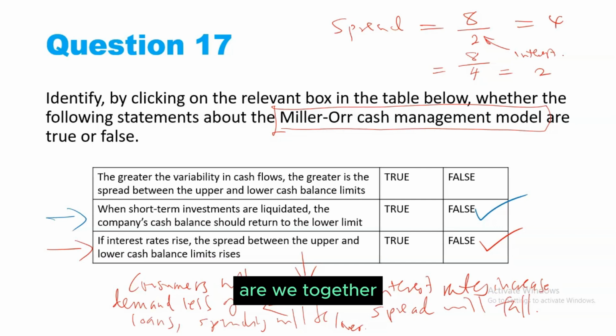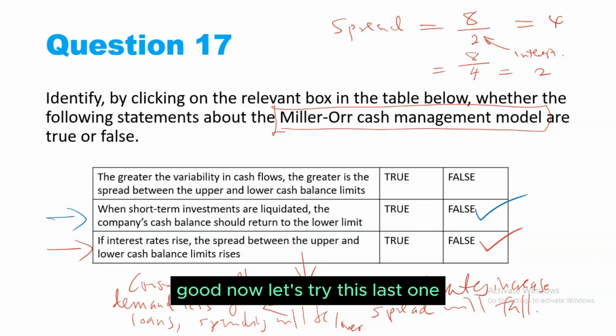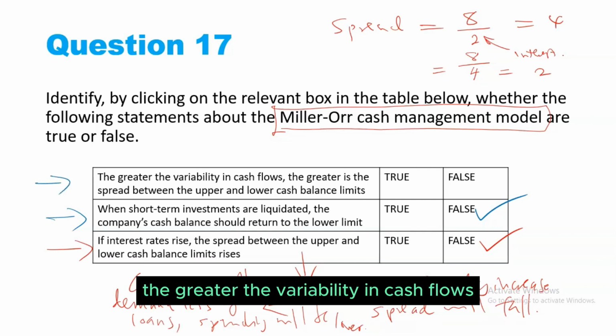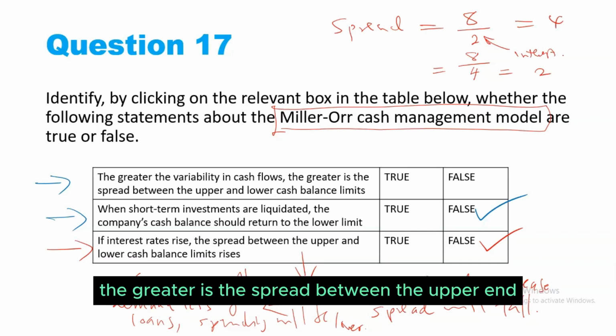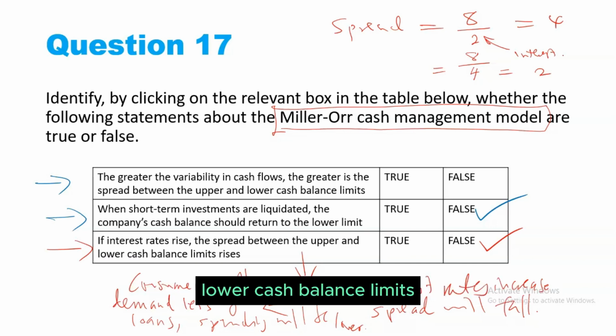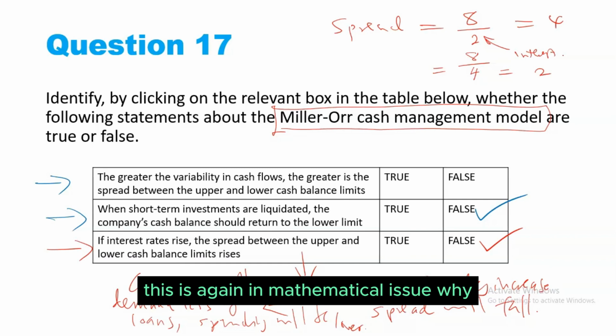Are we together? Good. Now let's try this last one. The greater the variability in cash flows, the greater is the spread between the upper and lower cash balance limits. This is again a mathematical issue. Why?